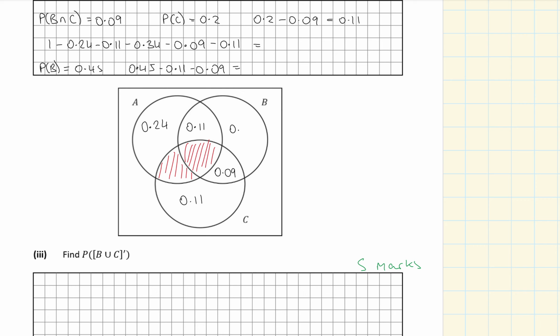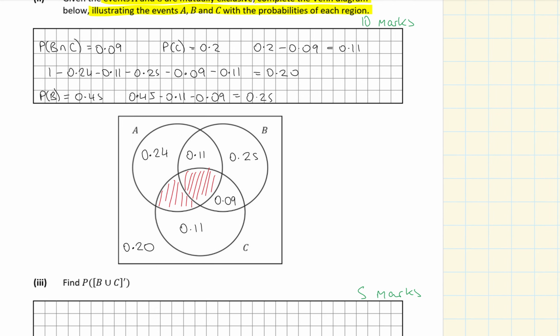So 0.45 minus 0.11 minus 0.09 will give me 0.25. So for the outside then, it'll be 1 minus 0.24 minus 0.25 minus 0.09 minus 0.11, which will give me 0.2. Okay, so that's our Venn diagram filled in for 10 marks.